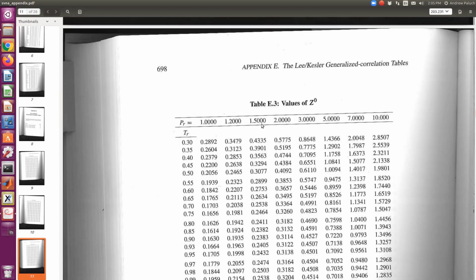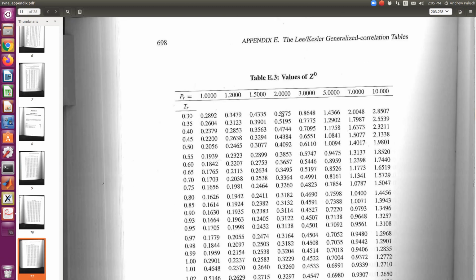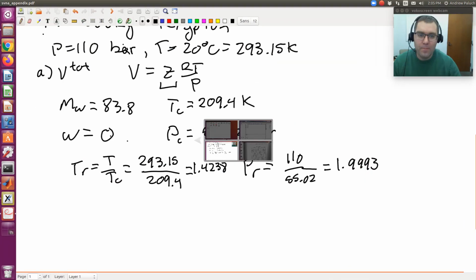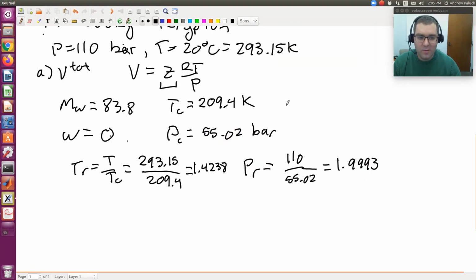Okay. All right. So, in theory, oftentimes when you're using Lee Kesler tables, you need to perform double interpolation because you could need to interpolate with respect to 2 values of, say in this case, reduced pressure, and then 2 values of temperature. But let's see if we can just simplify this and make this a 1D interpolation if necessary. And I'm going to go that route. Okay.